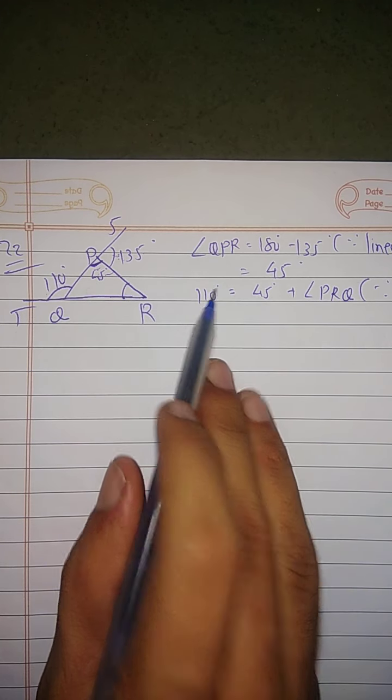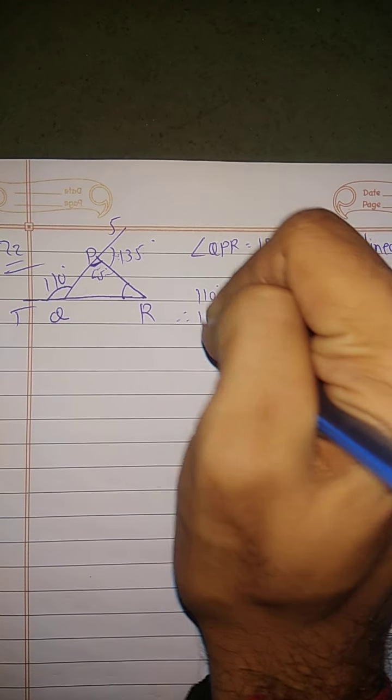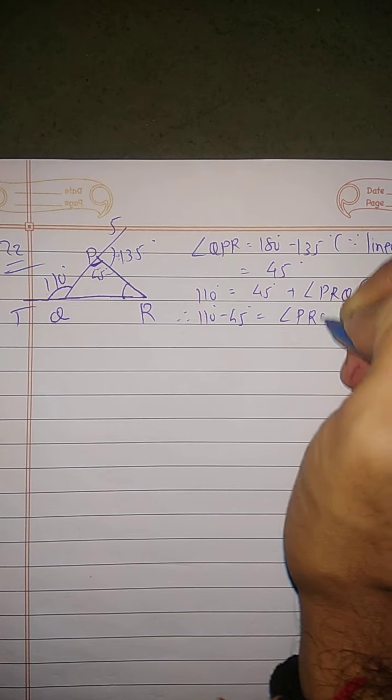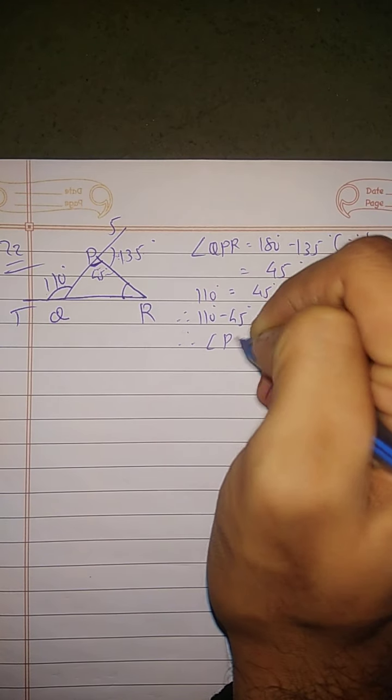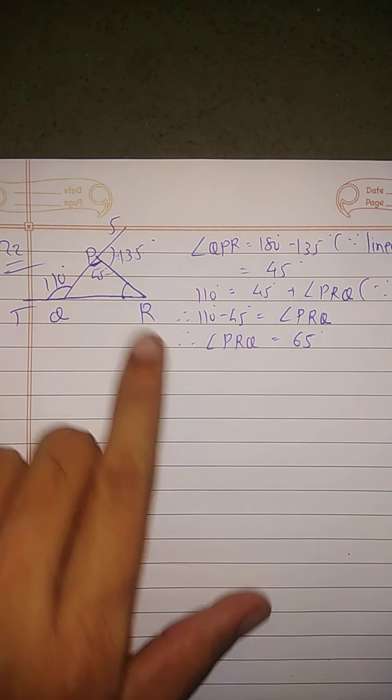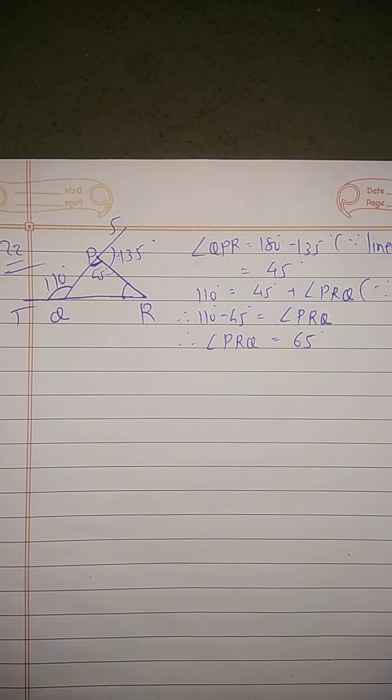Now transfer this 45 to the left hand side. So 110 minus 45 is angle PRQ. So angle PRQ is equal to 110 minus 45, it is 65. Okay, so PRQ is equal to 65.